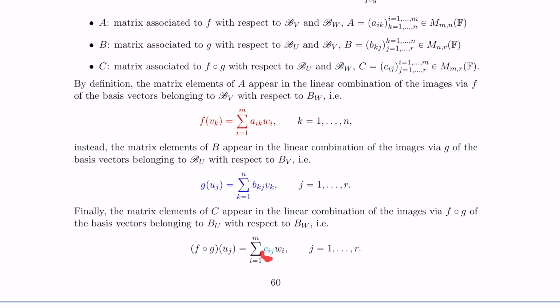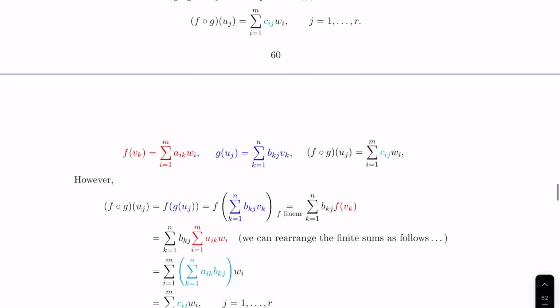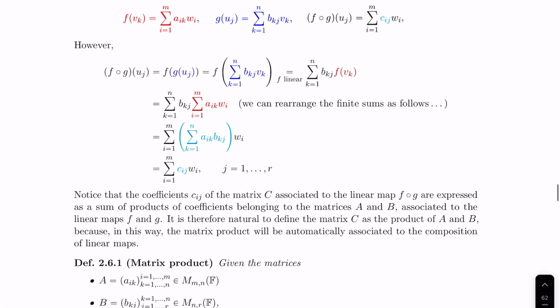Finally, the entries C_ij are the coefficients of the expansion of f composed with g applied to u_j on the basis B_W. I'm going to need all these expressions, and so I reported them on the next page.